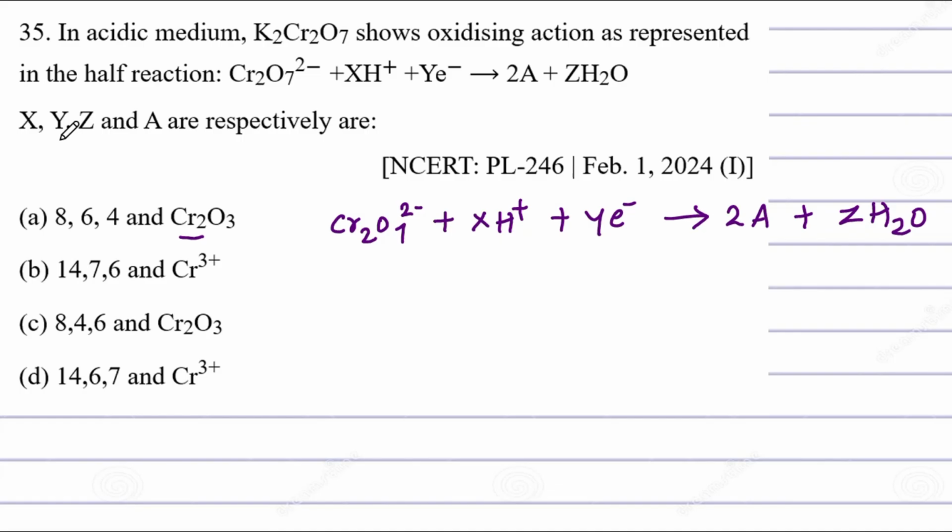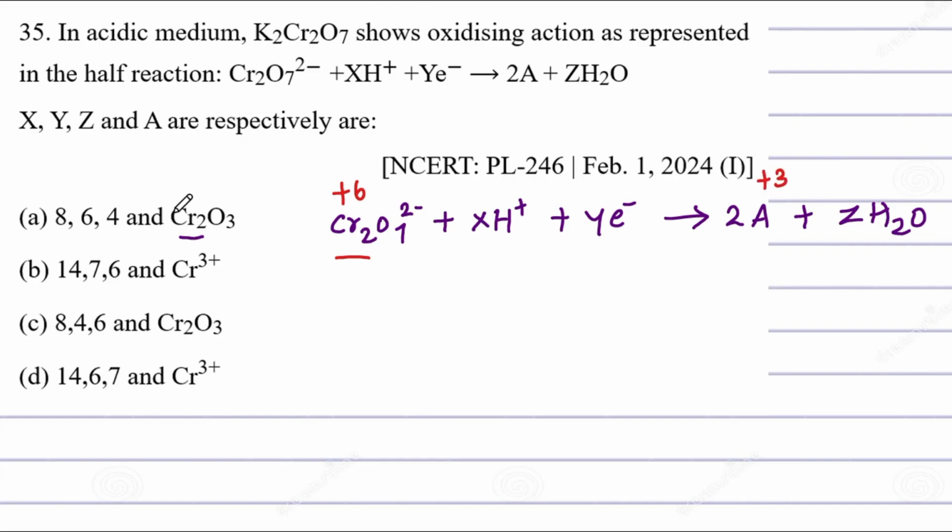So in this half reaction, X, Y, Z and A are respectively what? You have to find X, Y and Z along with A. In acidic medium, Cr2O7 2- is reduced to another ion. The oxidation state of chromium in Cr2O7 2- is +6. We know that from the +6 oxidation state, it will be reduced to the +3 oxidation state.